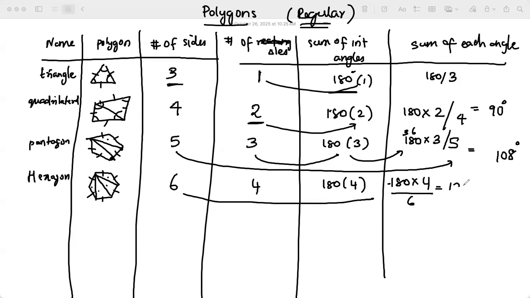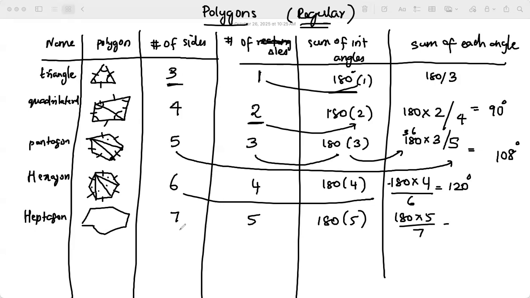What is it? 120. Now a heptagon is 7-sided, right? What happens? Okay. Go ahead, guys. You can do it by yourself. Number of sides is 7, 5 triangles, 180 times 5. Then what is each angle? 180 times 5 divided by 7.